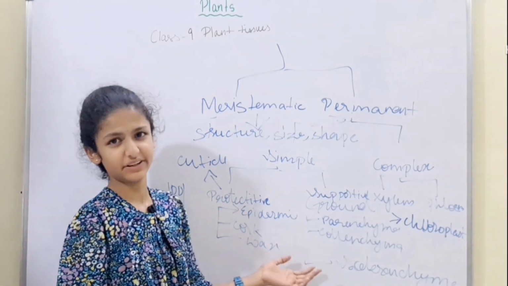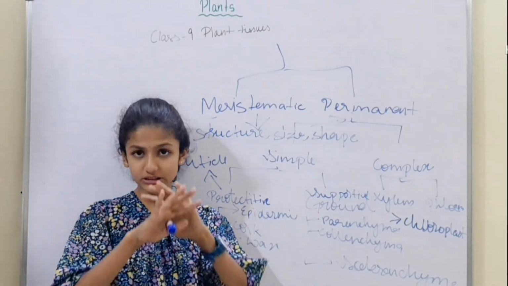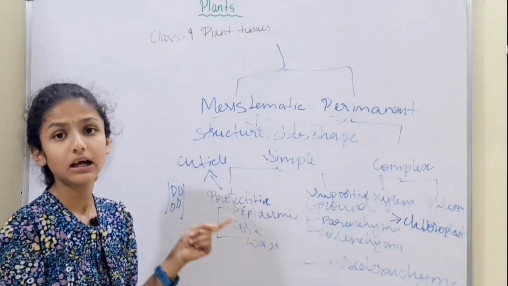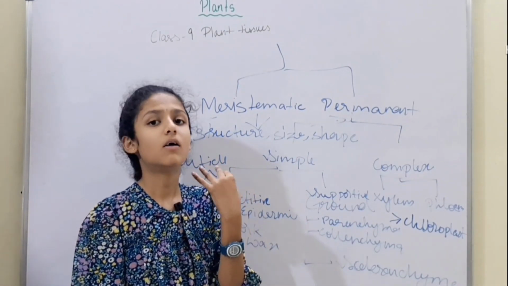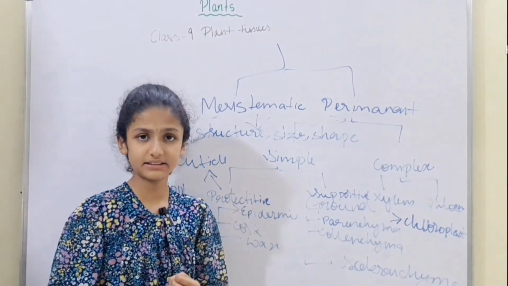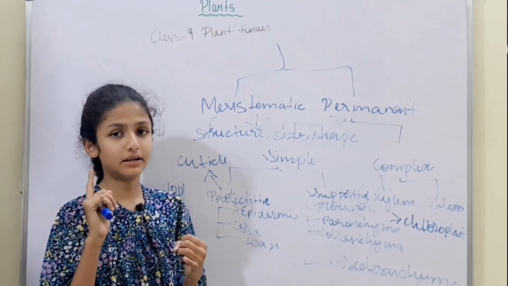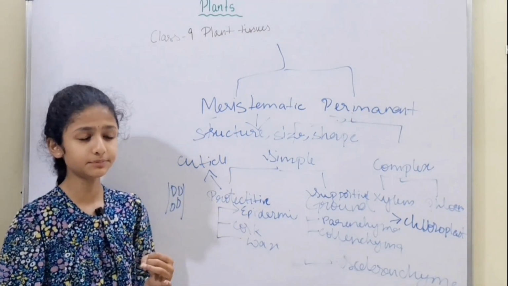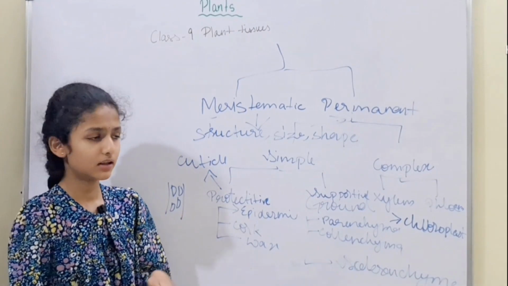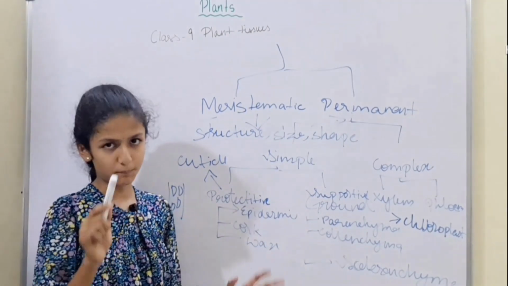Now we have seen its different names. Let us see its arrangement. They are thin-walled cells. They are living cells. They are rounded, circular, or polygonal in shape. That is parenchyma's composition.